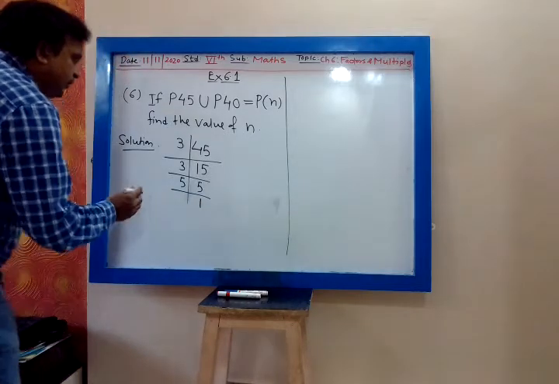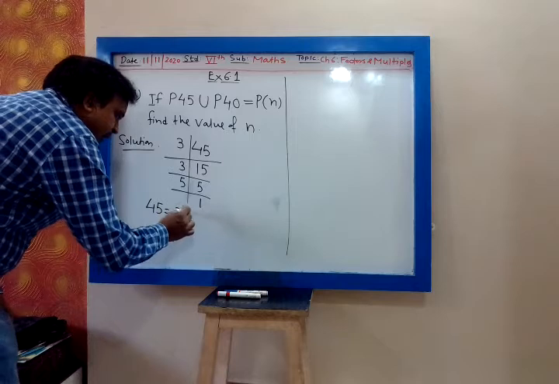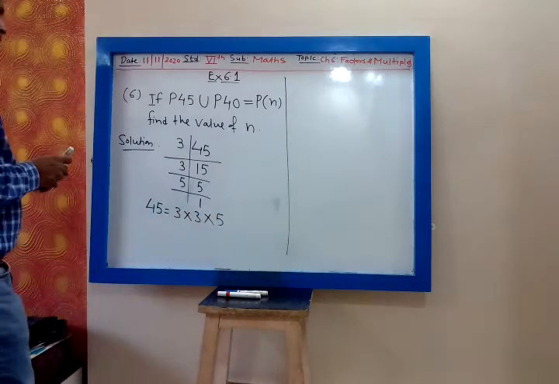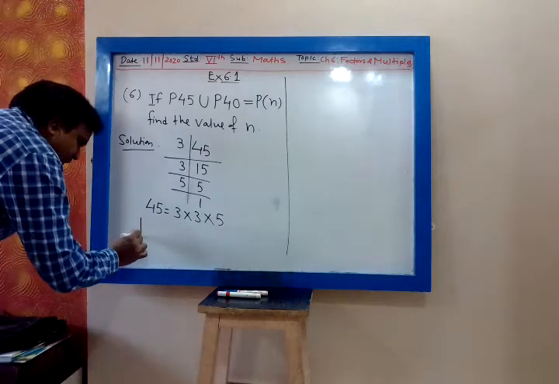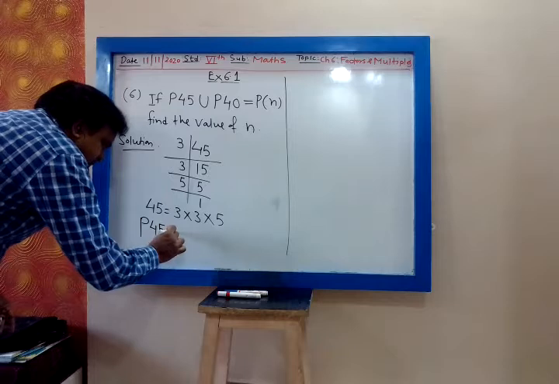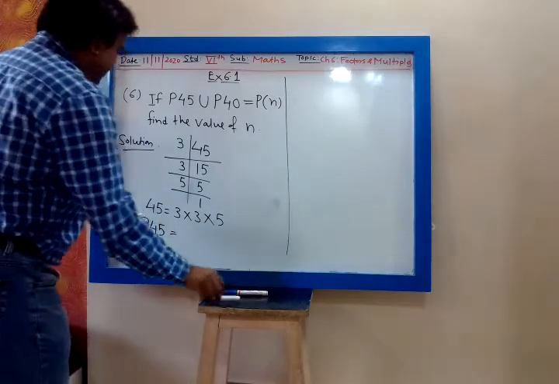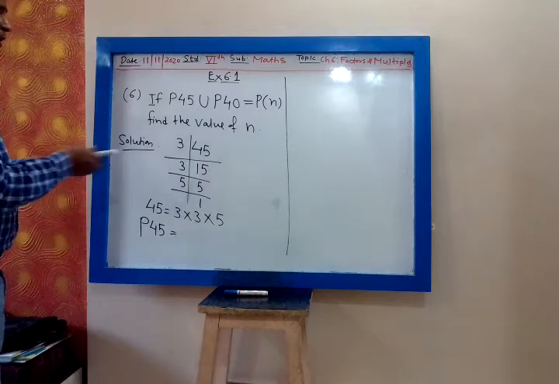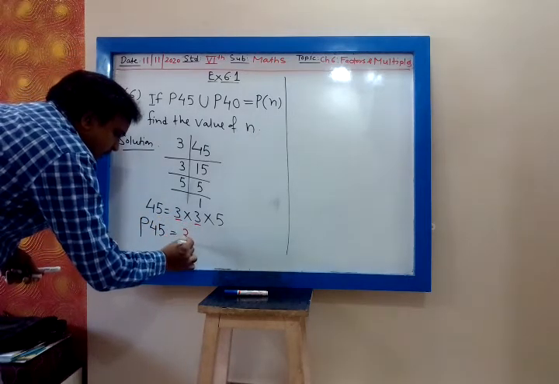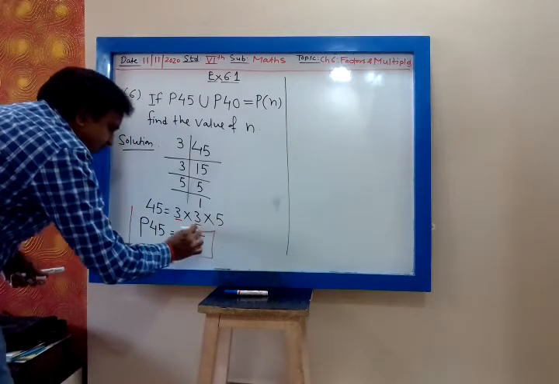So we write 45 as 3 into 3 into 5. But when we write P45, meaning prime factor of 45, 3 we write once. 3, 5. So the prime factors of 45 are 3 and 5.